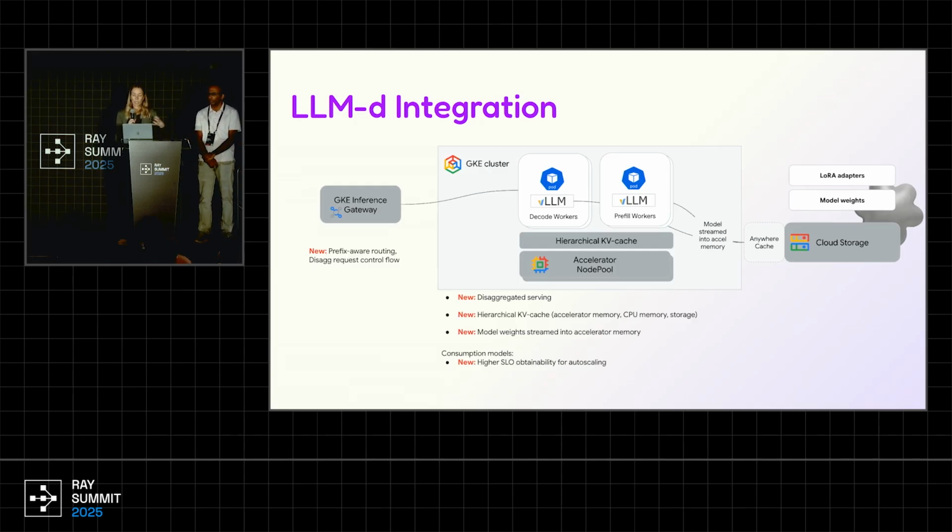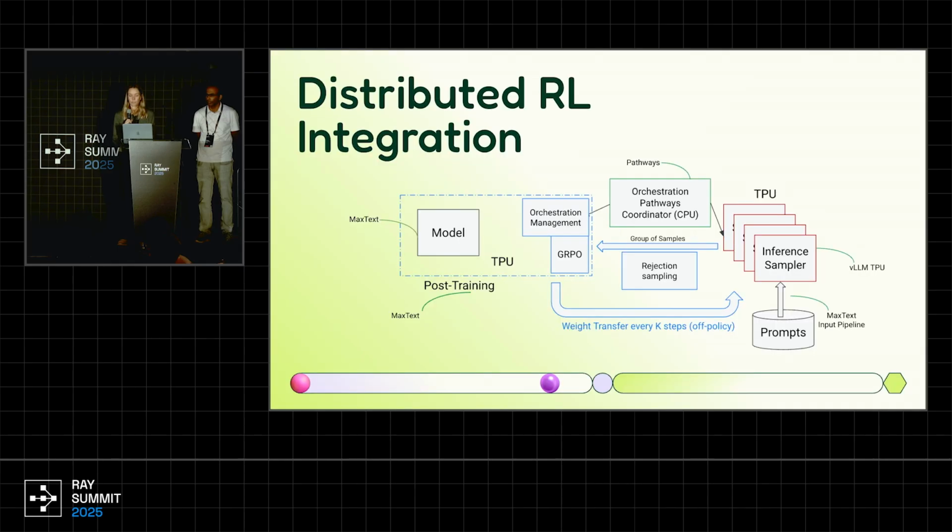It consolidates all these composable parts and makes really high performance production serving accessible to folks in open source. Things like disaggregated serving become much easier, and prefix-aware cache and prefix-aware routing also become accessible, which wasn't really the case previously. So LMD integration, in terms of supporting more complex deployment patterns, is a big focus of ours.